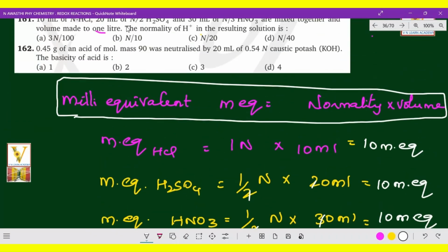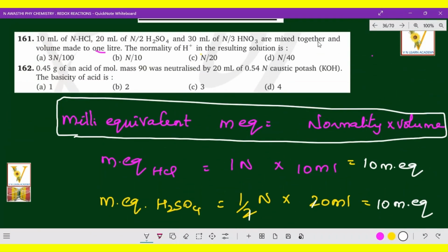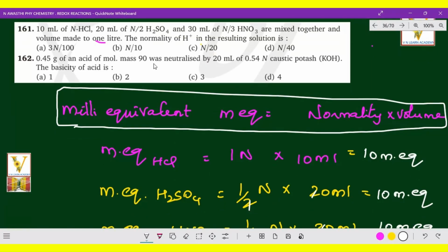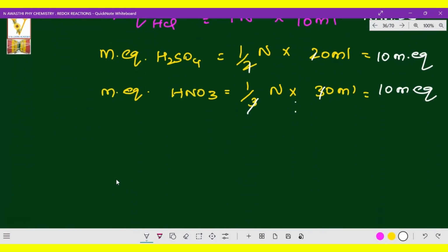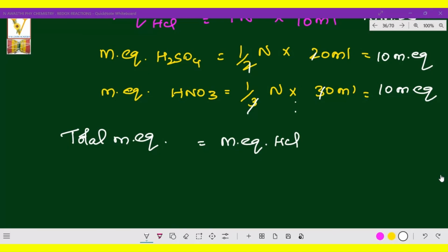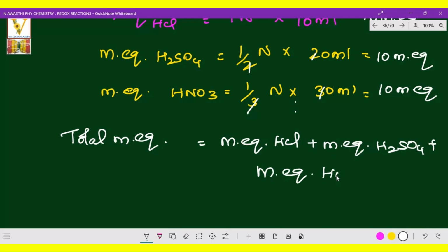Now the next point, what is it? Total volume they have given. So all the volumes are mixed together and the volume made 1 liter. So the total volume they have given is 1 liter. So what is the point we can bring? Total milli equivalent is equal to milli equivalent of HCl plus milli equivalent of H2SO4 plus milli equivalent of HNO3.